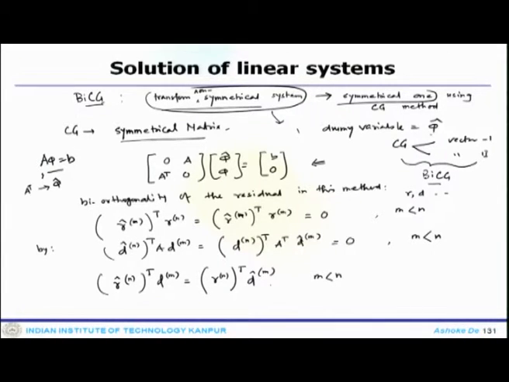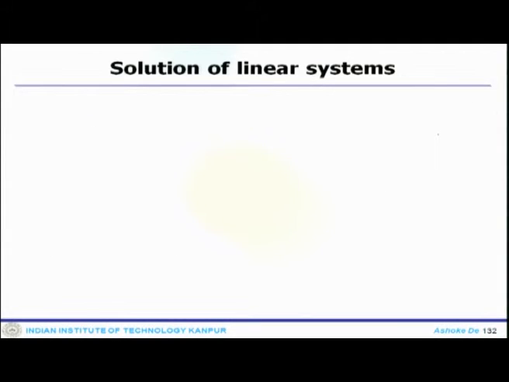This is the modification which comes due to the shadow variable, or the augmentation of the system with the dummy variable phi hat, and accordingly there will be a change in the algorithm. So, if you look at the algorithm for biconjugate gradient, it now gets modified.